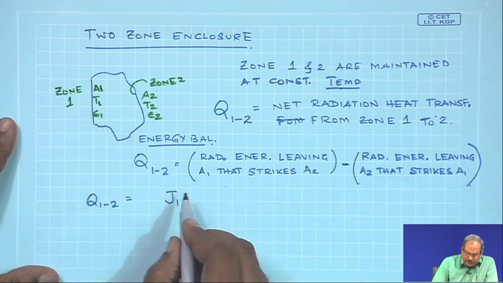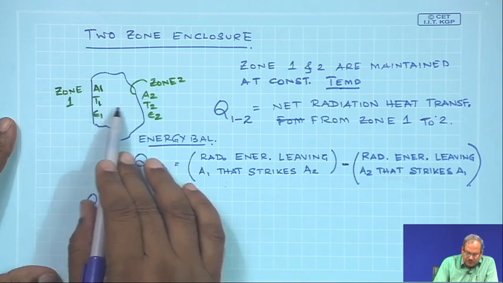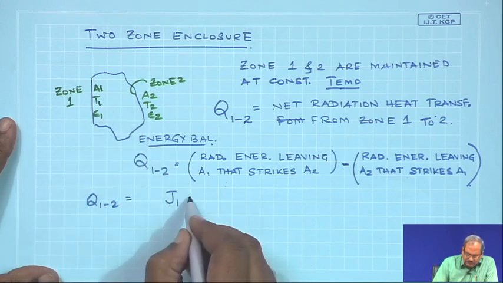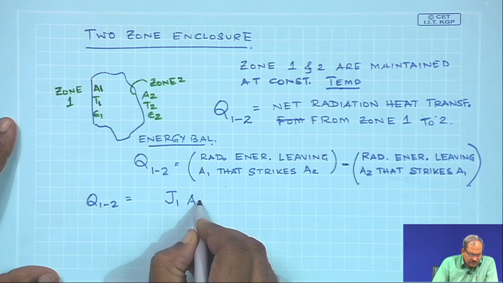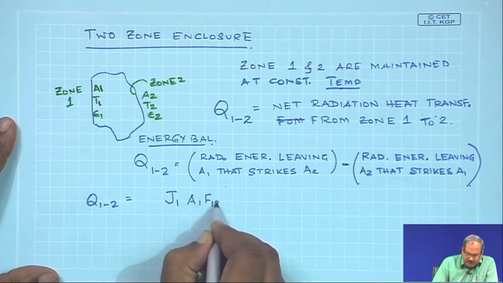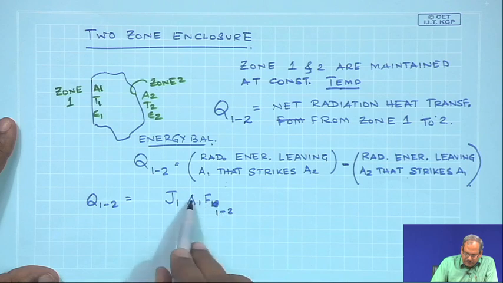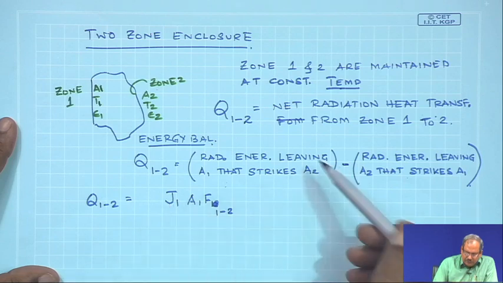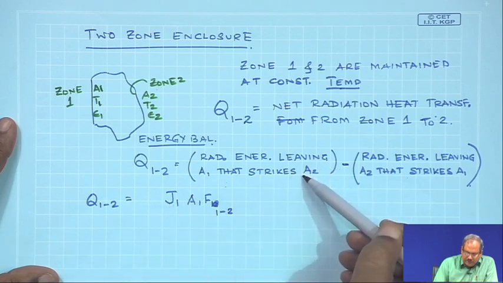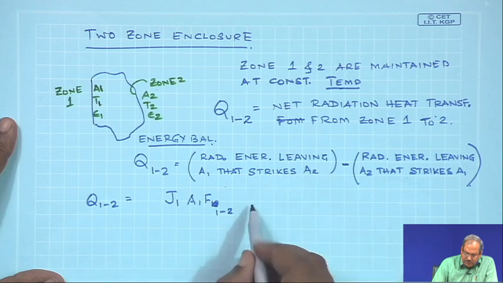Now, a fraction of that is going to strike the second surface. What is that fraction? It is going to be A 1 F 1 to 2, that is the view factor. So, A 1 F 1 to 2 multiplied by J 1 would give you the radiation energy leaving A 1 that strikes A 2.